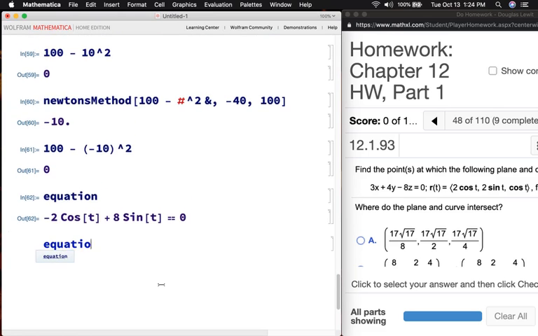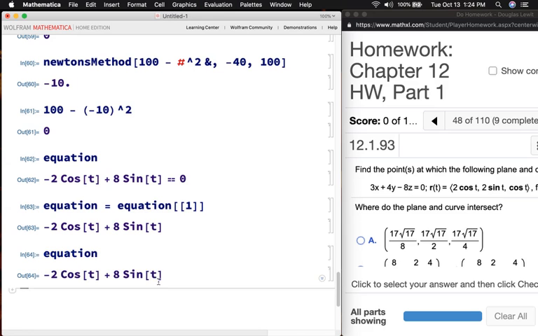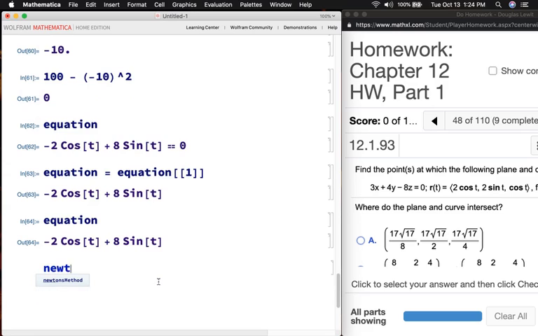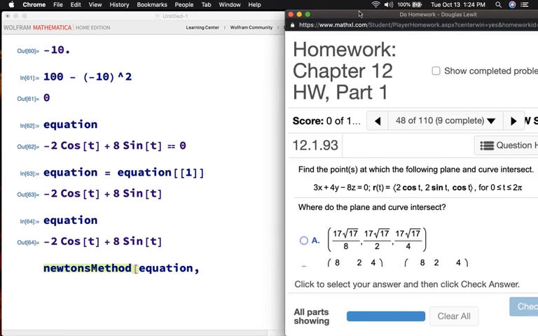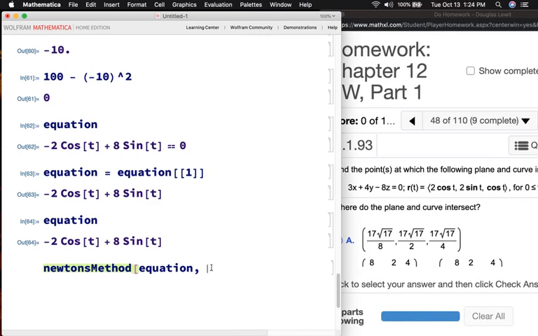So equation is equal to equation, give me the first part. Newton's method, equation. I know the answer has to be somewhere between 0 and 2 pi. Why don't we use pi, and let's use 100 repetitions. Shift enter.